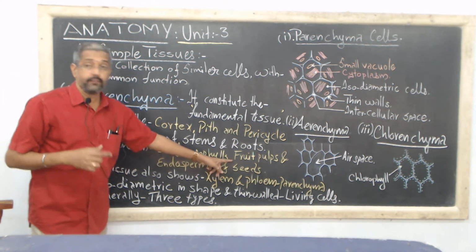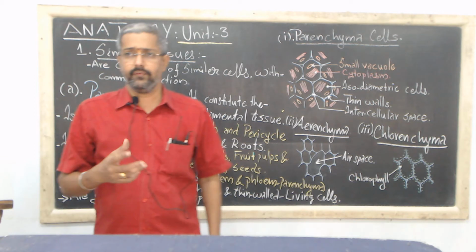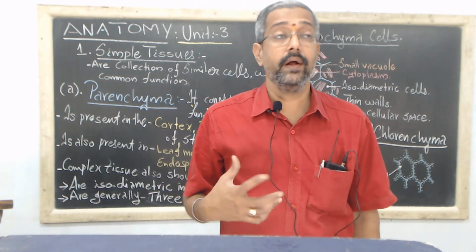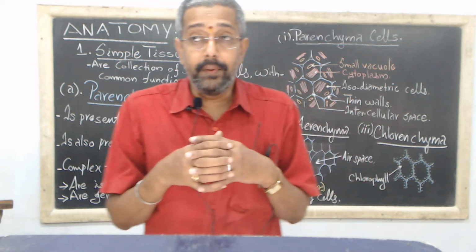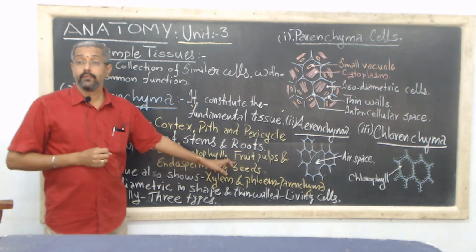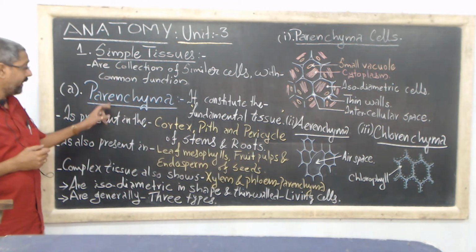Also the fruit pulp: in different kinds of fruits we can see a pulpy region, and the pulp is constituted by parenchyma cells.